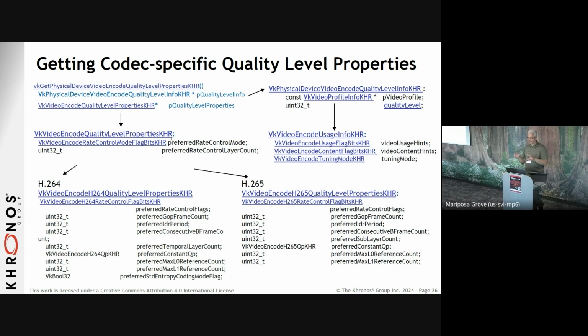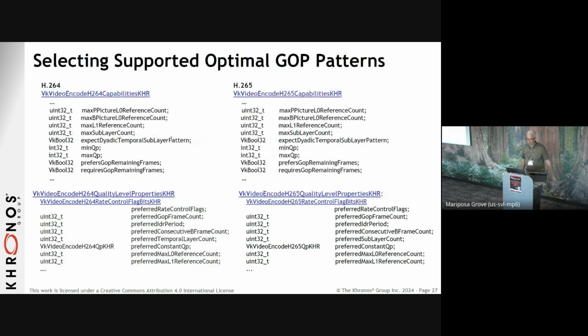So the rate control and everything looks very scary, but we try to make it very simple by saying, just tell us what you want to do with the quality levels and the usage, and we're going to tell you exactly the recipe of how to generate the most efficient content if you follow those rules. So everything about the GOP structure and the rate control settings is recommended here. You don't have to follow them exactly, but you get the best results.